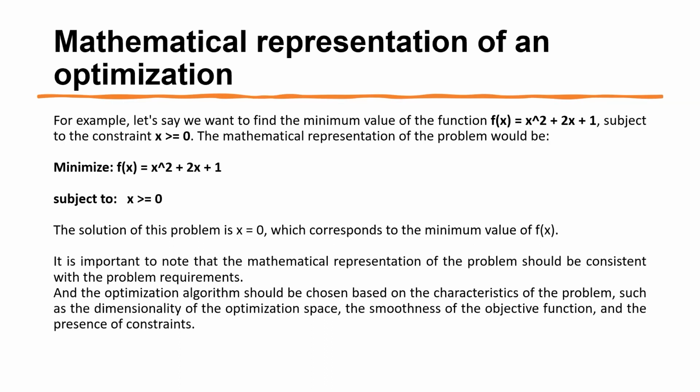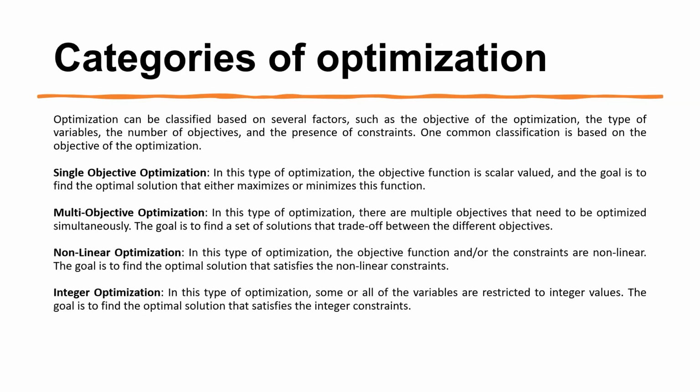So moving ahead, let us talk about categories of optimization. It can be classified based on multiple factors, like the type of variable, number of objectives, presence of constraints, and so on. Based on that, I have a few listed categories of optimization algorithms.